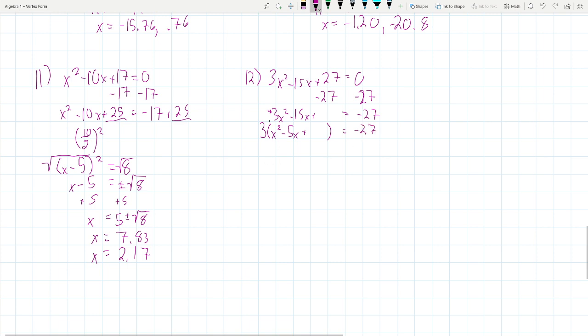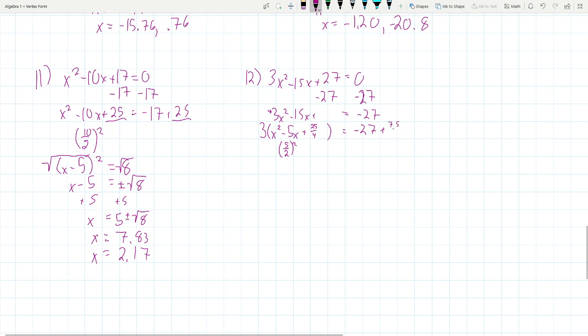And I do the same thing where I do 5 over 2 squared, because I'm looking just inside of this parenthesis whenever I'm doing this. So I do 5 over 2 squared, which gives me 25 over 4. But when I go to the other side, I don't just add 25 over 4. I have to take that 25 over 4 and multiply it by 3.